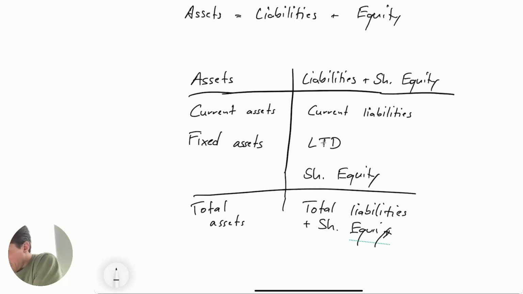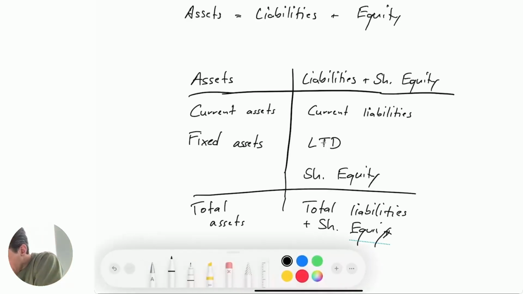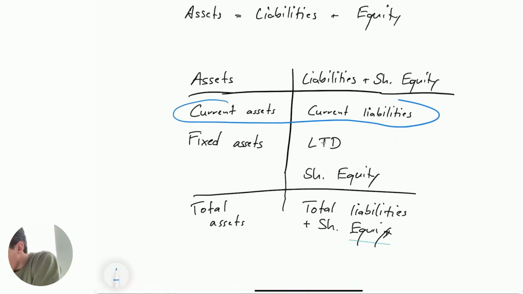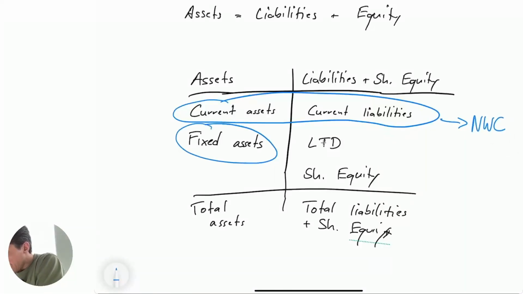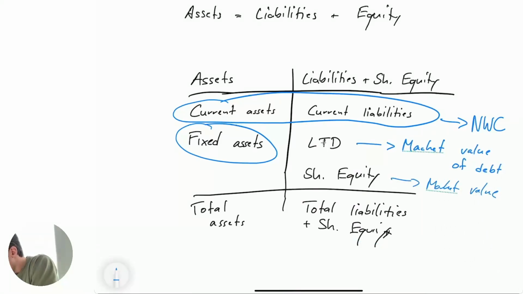One thing, when we go into detail and when we look at company valuation, we usually combine those two and look at this under net working capital, fixed assets, and then here market value of debt, market value of equity.